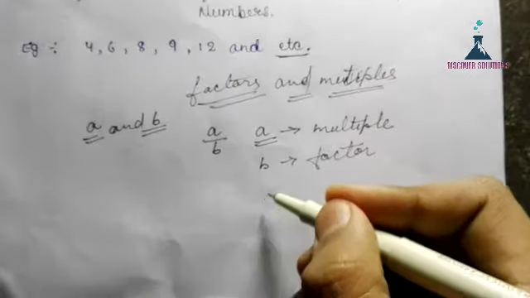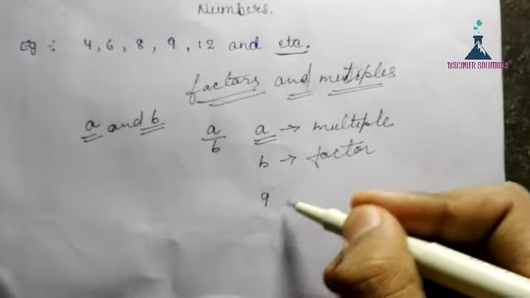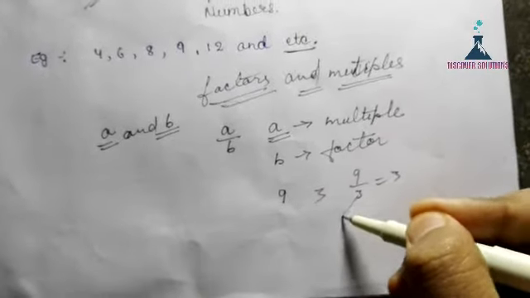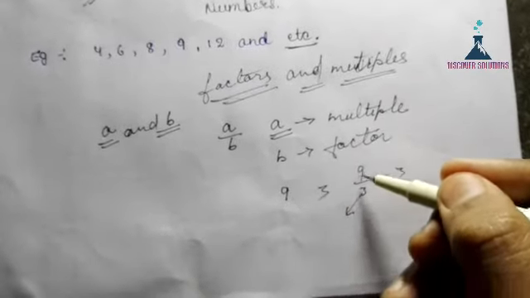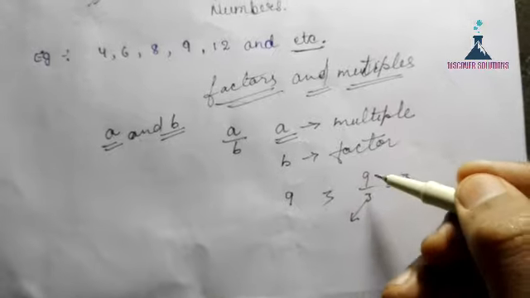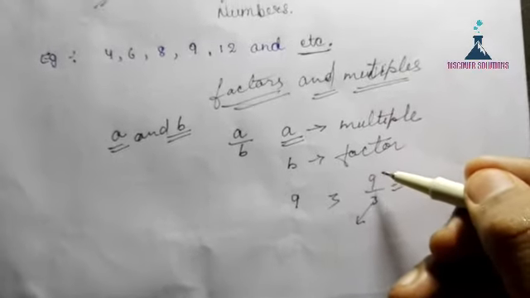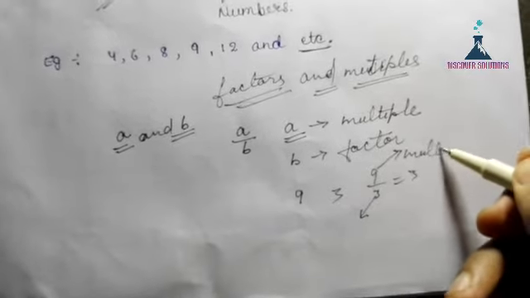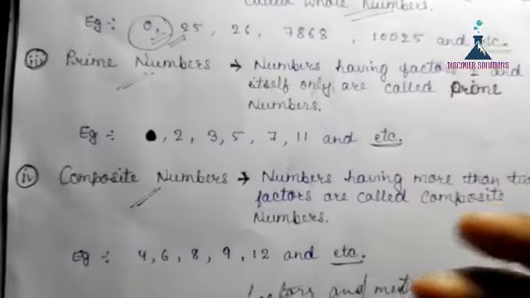You can take another example. Suppose we have 9 and 3, and if I divide 9 by 3, we get 3. So here you can see that 3 is a factor because it divides the number exactly. And the number which is divided by a number is termed the multiple of that number. So friends, now I hope you have understood the concept of factors and multiples.